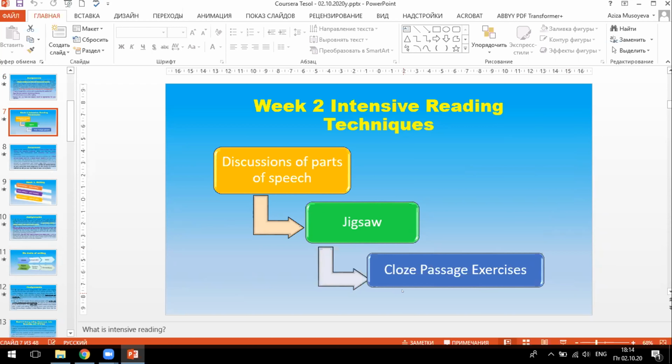I think that intensive reading lasts longer than extensive reading, because in intensive reading you are given some time to read, and then you have to read for a long time, then you have to discuss.